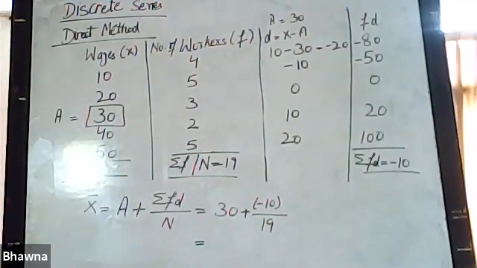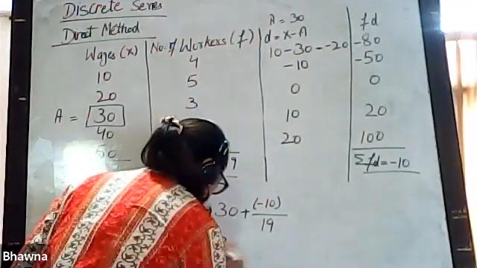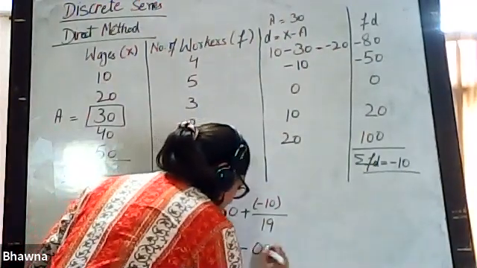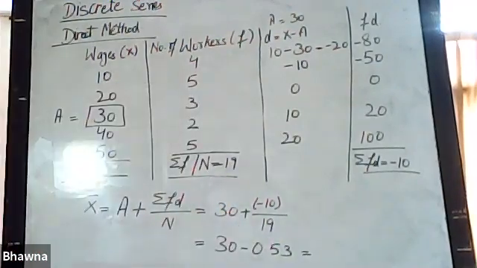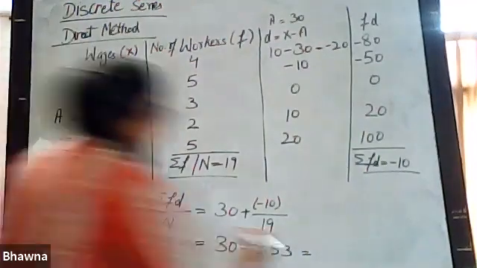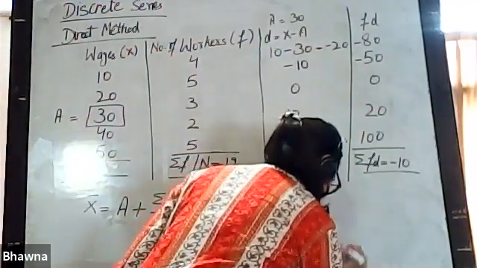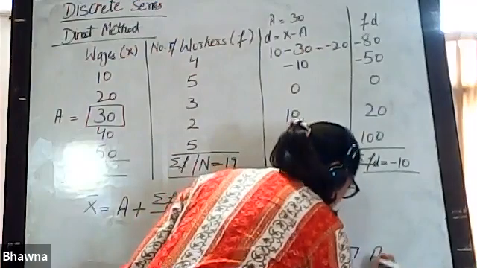After solving this one, now 30 minus 0.53 is equal to 29.47. This is our answer.